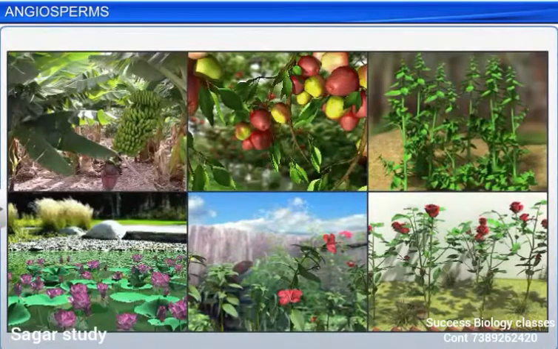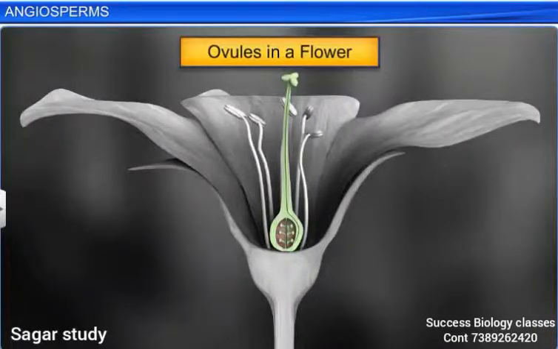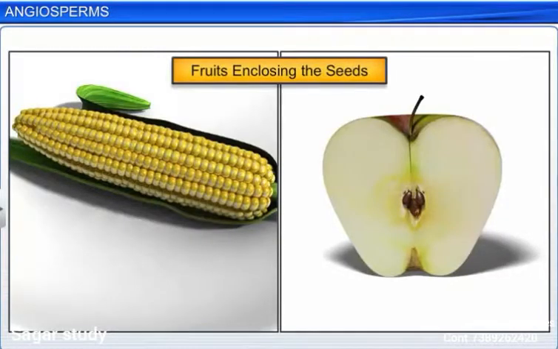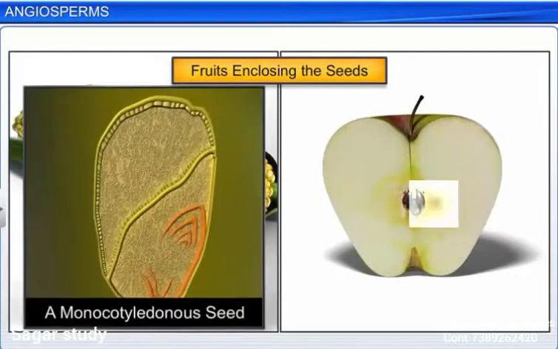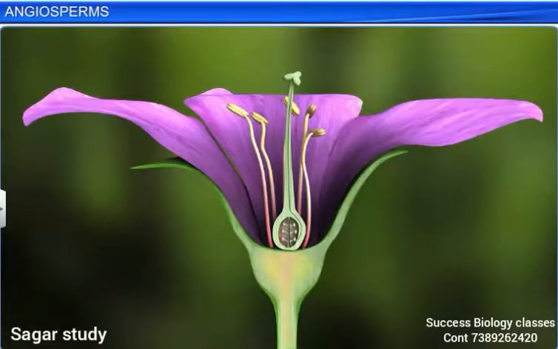All these are species of flowering plants, also called angiosperms. These are plants in which the ovules develop inside the flowers. The seeds too are enclosed in fruits, and they can be monocotyledonous or dicotyledonous.